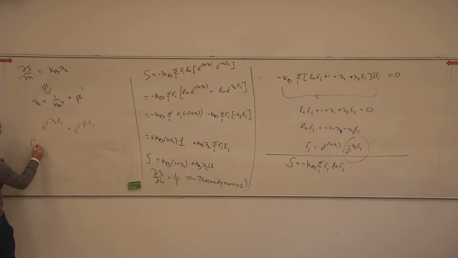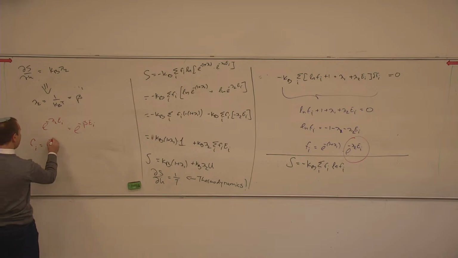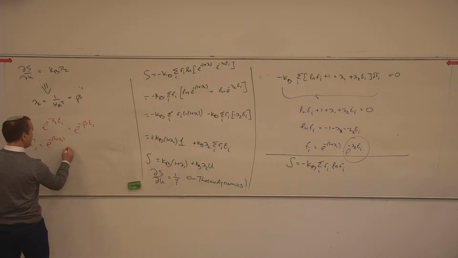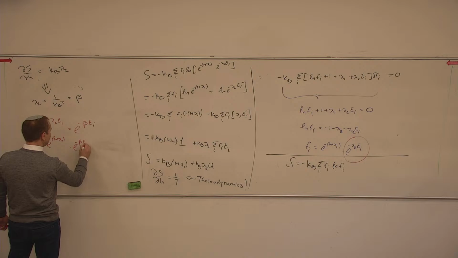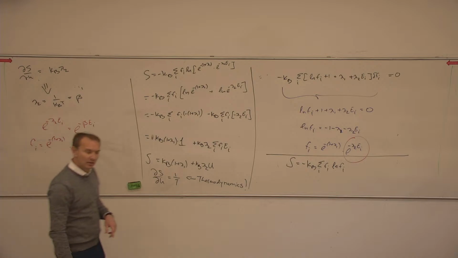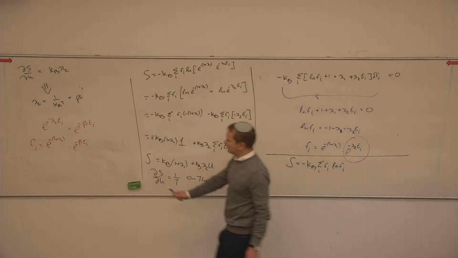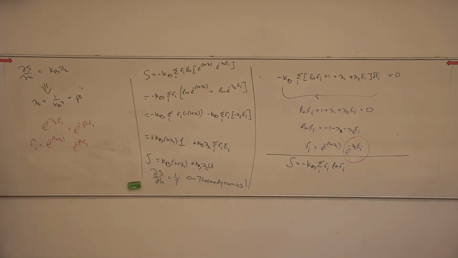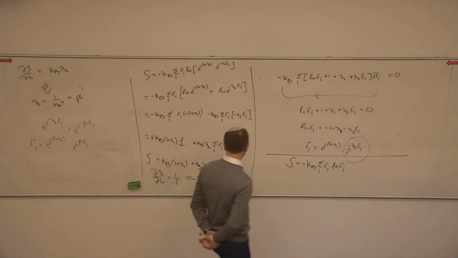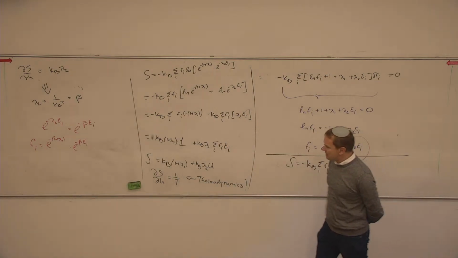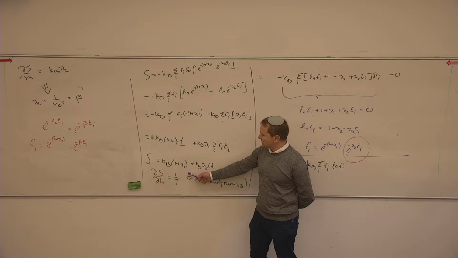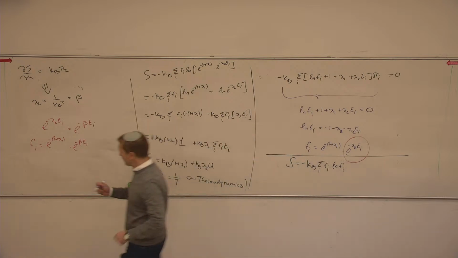So f_i equals e to the power minus (1 plus lambda 1) multiplied by e to the power minus beta E_i. This part we got right, and there is a constant. We know it's somehow related to the partition function, but even beforehand, we can obtain the value of this constant by looking at this expression.